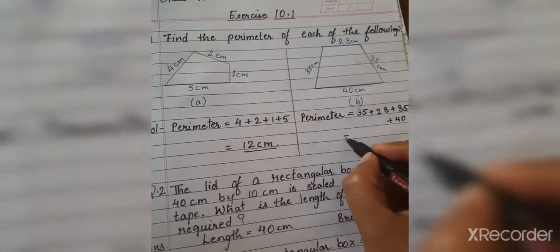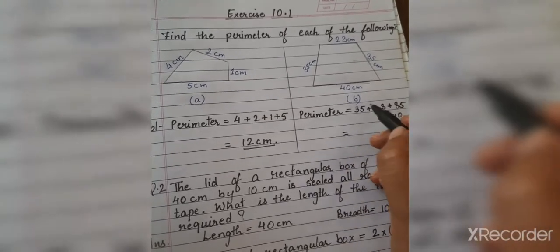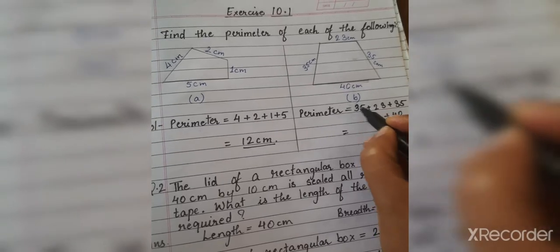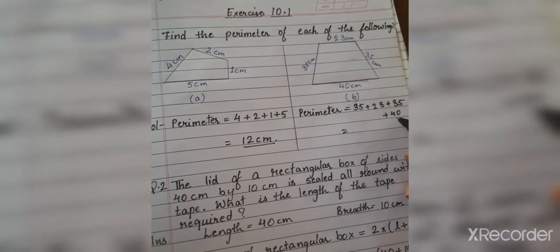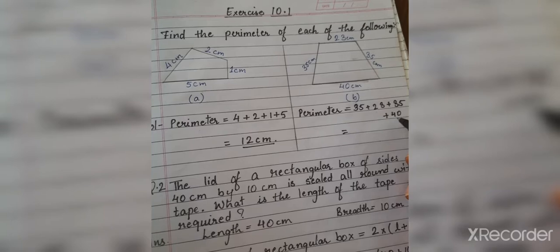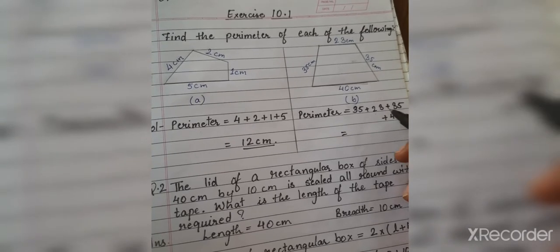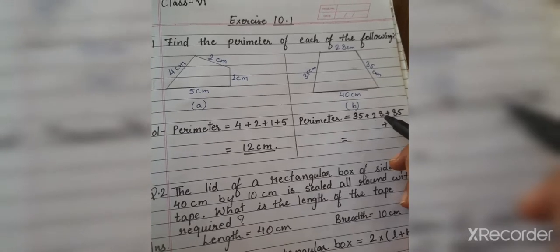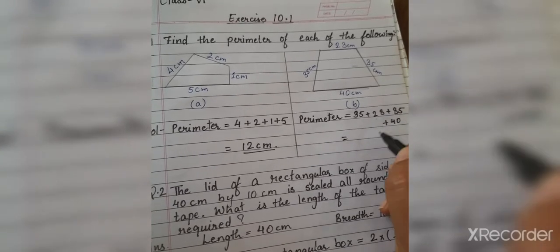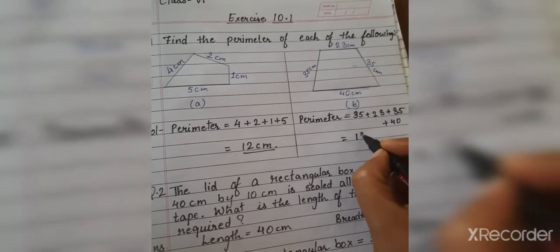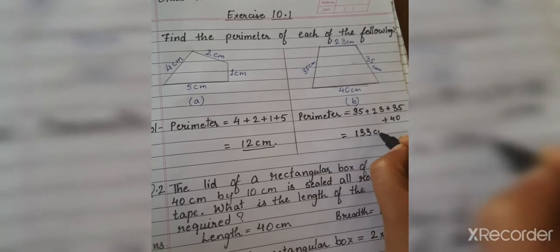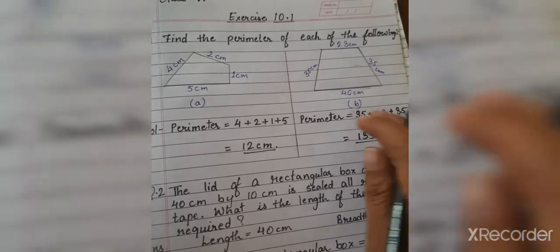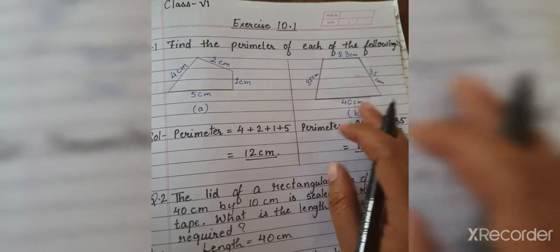So you have to add all these. 35 plus 35 is 70, 70 plus 40 is 110, and plus 23, that will be 133 centimeters. So this will be the perimeter of the above figure.